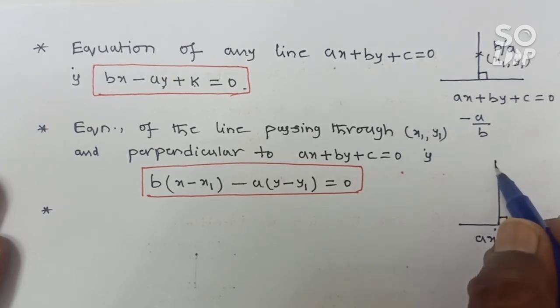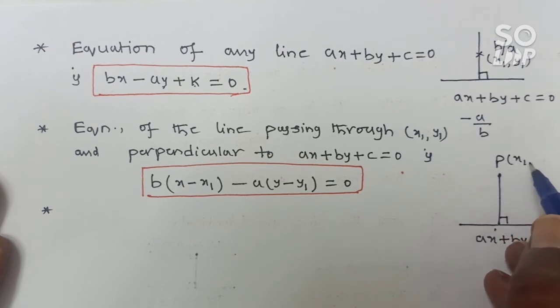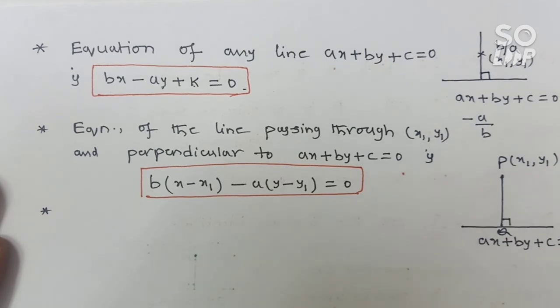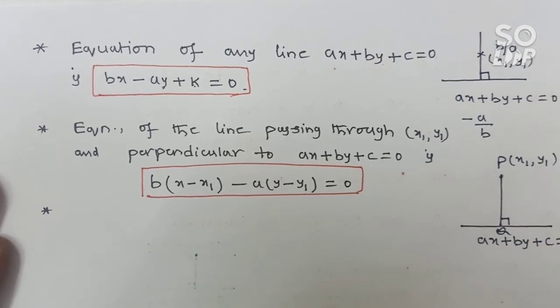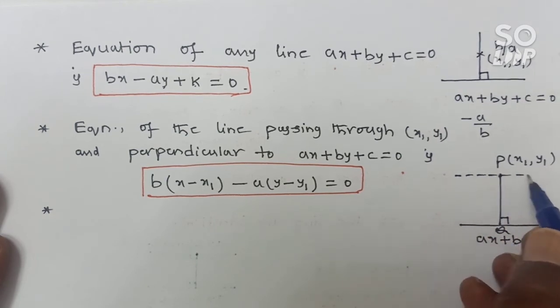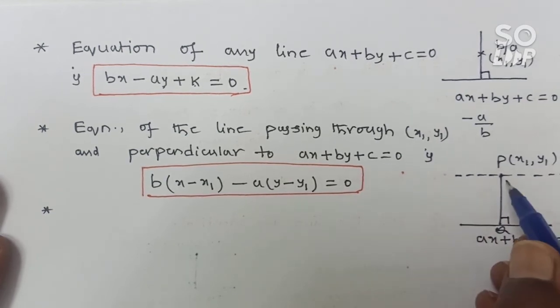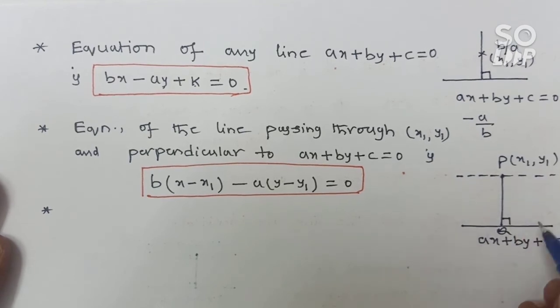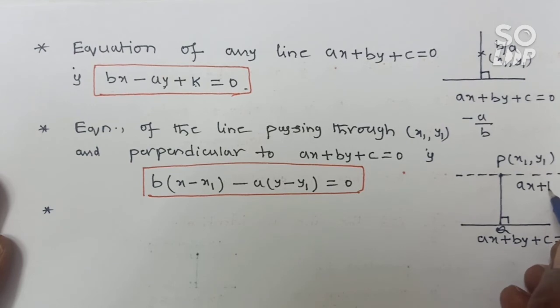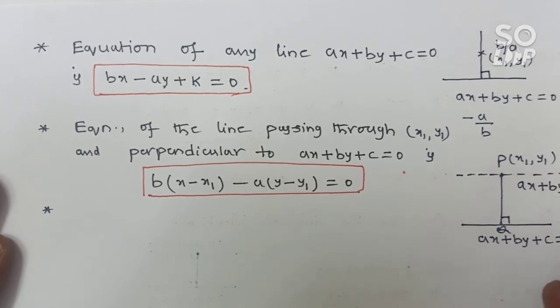This one is the point P, P is equal to x1 comma y1, and Q is this one. How to find the PQ value? Let us draw another line parallel to this one, and this point lies on that parallel line, which means these two lines differ only in their constant. That means we can take it as ax plus by plus k is equal to 0.